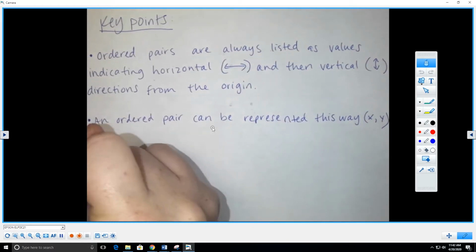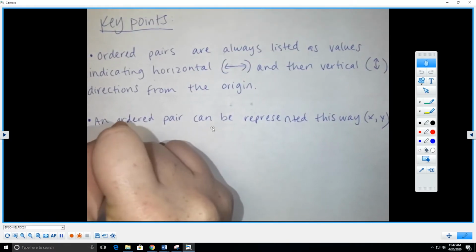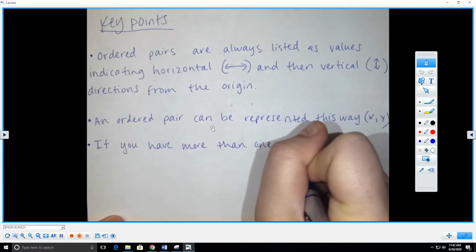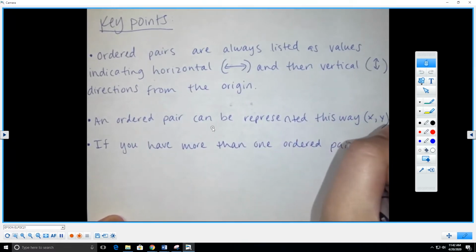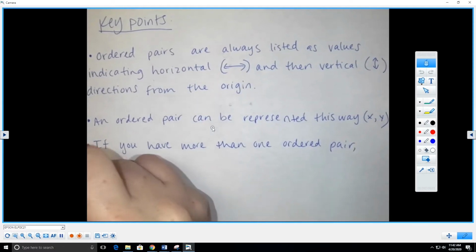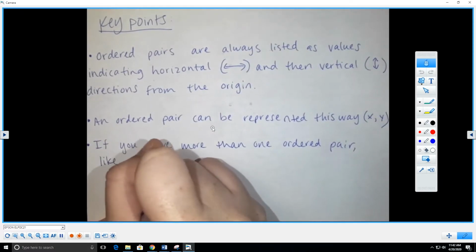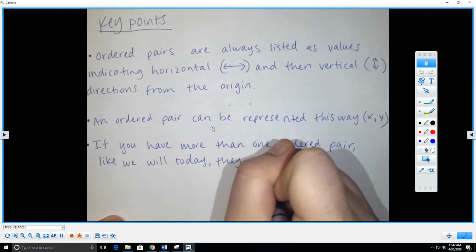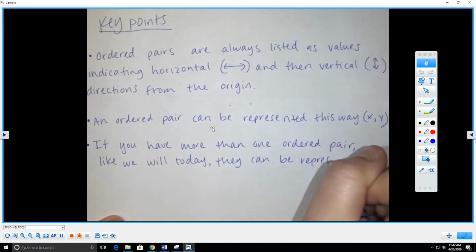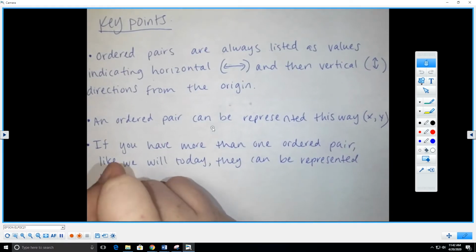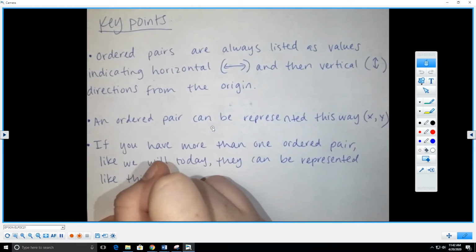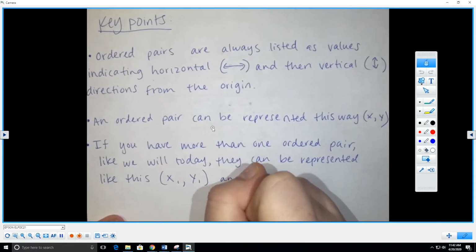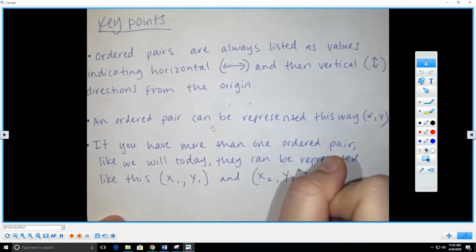And then finally, if you have more than one ordered pair, like we will today, they can be represented like this: (x1, y1) and (x2, y2).